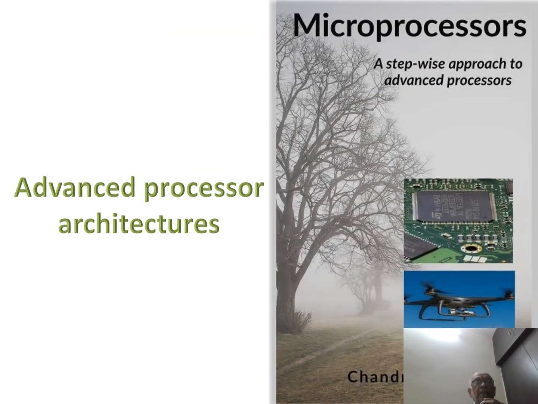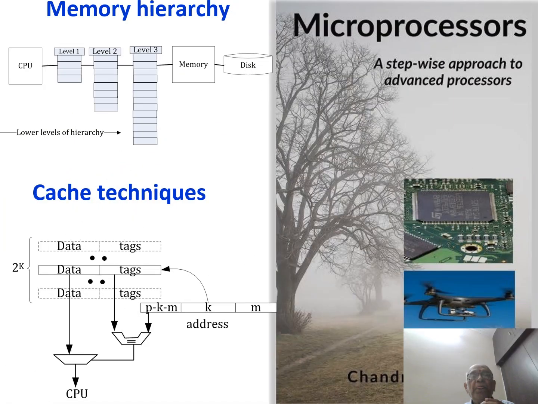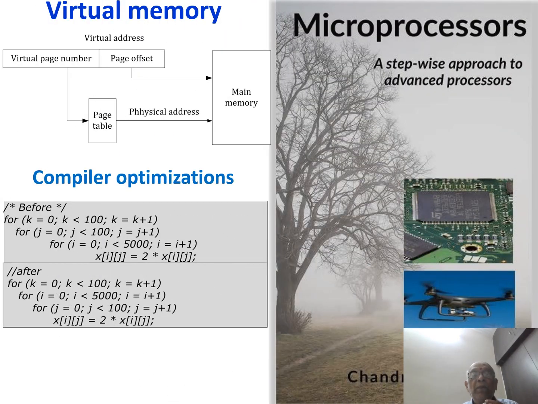Once this is done, we will go to the real processor architectures. Though it is a one semester course, we have abridged it in such a way that every student of microprocessor based design must learn these concepts. For that, I have introduced the memory hierarchy, cache techniques, virtual memory, all optimizations needed at the compiler level.